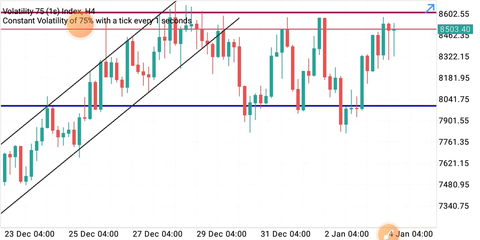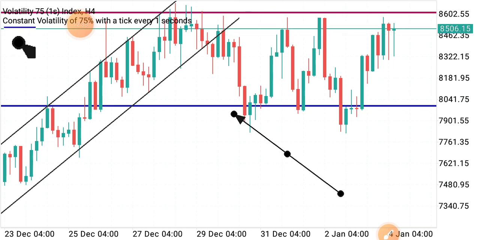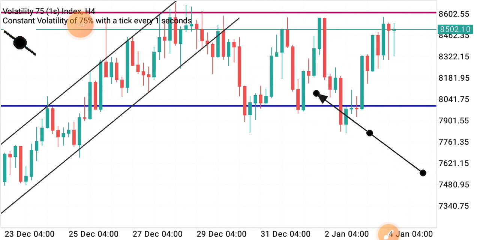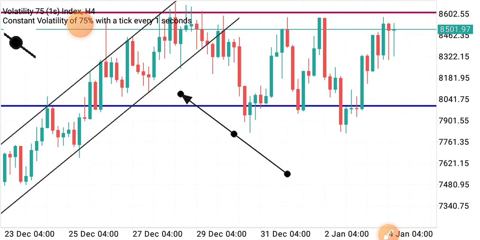I hope you can see clearly that this 4 hourly time frame uptrend broke out, then came back to retest this zone, and sold, came back here, sold, came back here, and it might possibly sell again, guys.